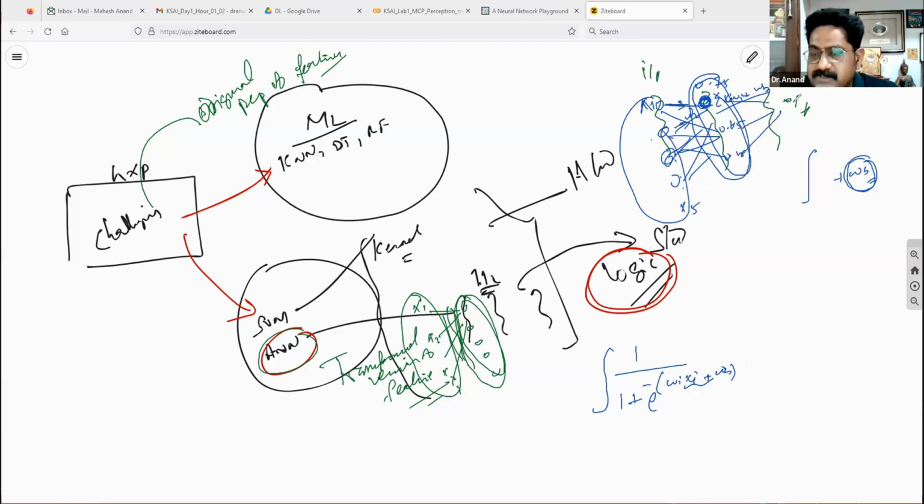The output layer is going to work like a linear classifier. Between these two layers there is a hidden layer, isn't it? Because this is treated as a transformed version of your x1, x2, x3, x4, x5, represented with some new set of values, a transformed version of these values.